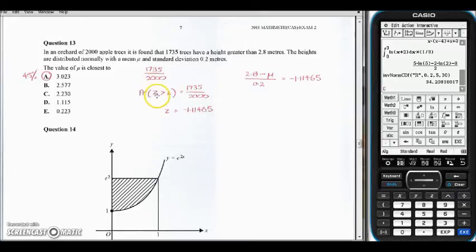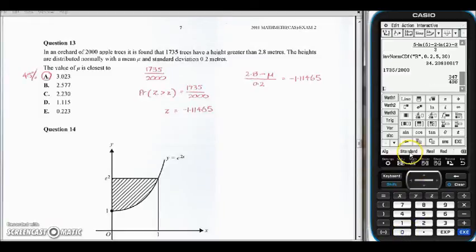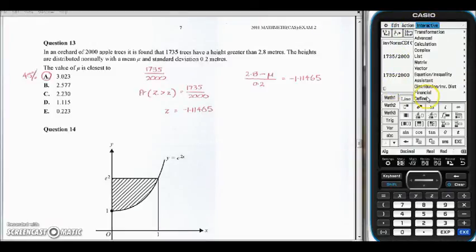So we work out the z-score, in other words. The probability that z, I've just called this little z, is greater than it has to be equal to 1,735 on 2,000. So we could work out what 1,735 over 2,000 is if we like, which is 0.8675. Then we can go again to the inverse normal.